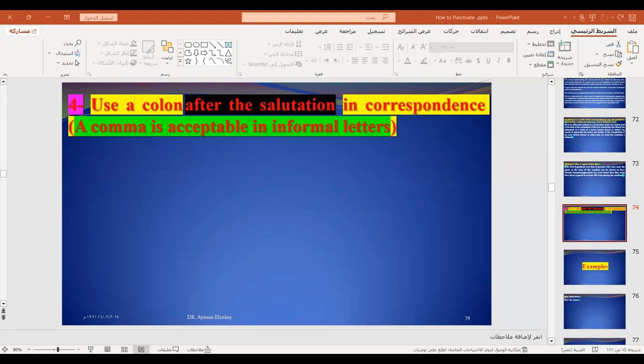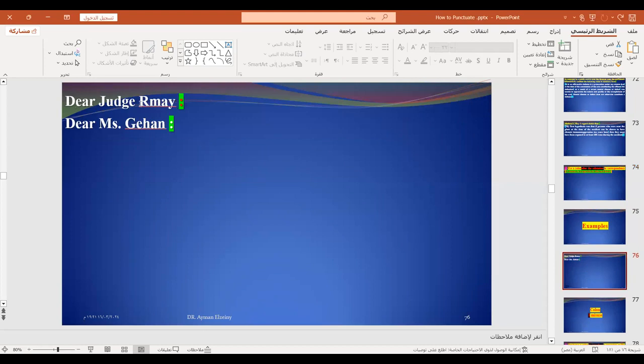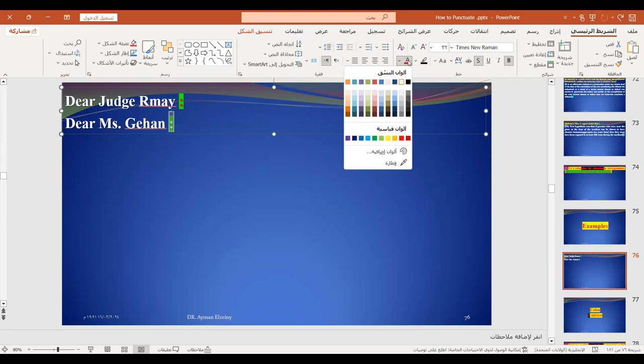A comma is acceptable in informal letters. For example, we want to write a letter: Dear Ahmed, Dear Rami, Dear Jihan. We had to put a colon in such a case, after Ahmed, after Rami.